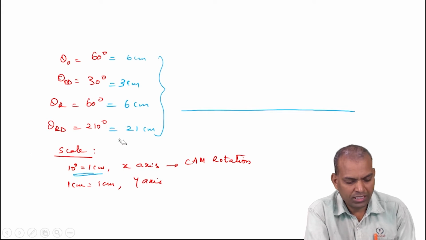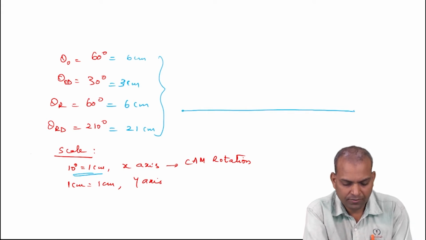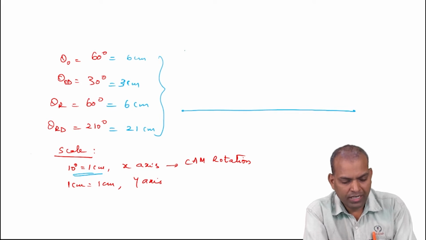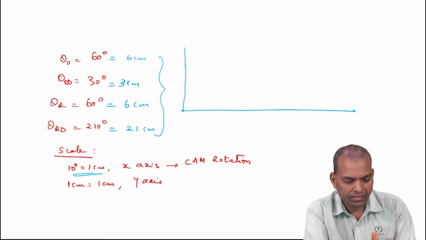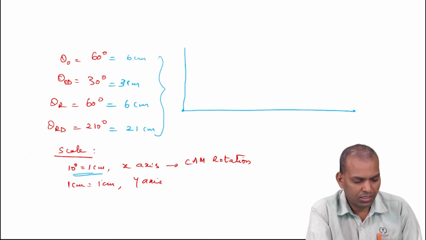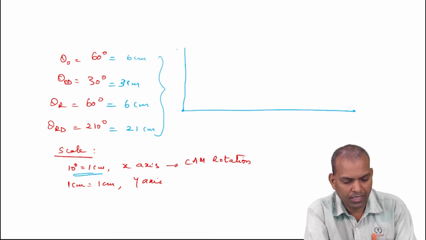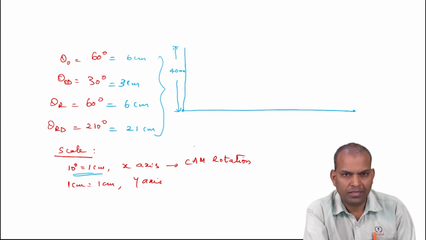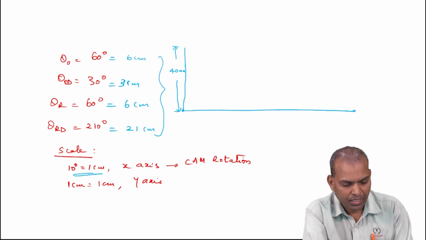So with 36 centimeters, draw the x-axis and draw a vertical y-axis line. The length of the vertical line is the lift stroke, that is 4 centimeters, which is 40 mm. This is 360 mm, 36 centimeters.